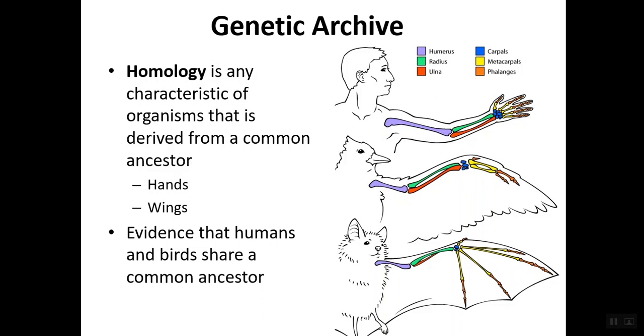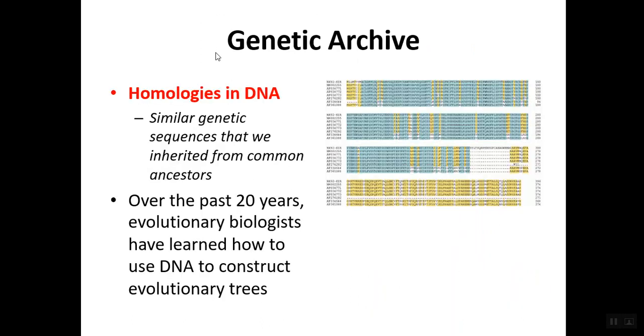And so we have been acquainted so far mostly with the concept of morphological comparison, anatomical comparison of structures. But as much as that is true, we also have a so-called genetic archive, which compares homologies in DNA.